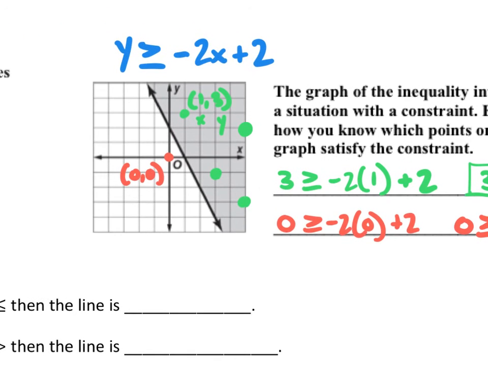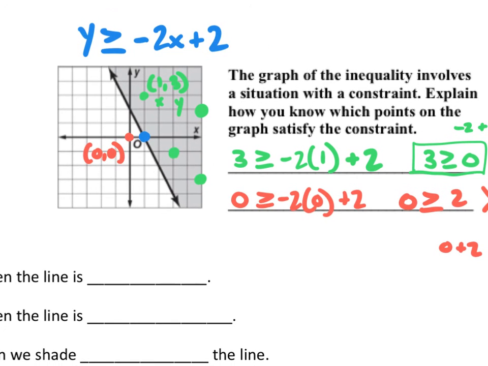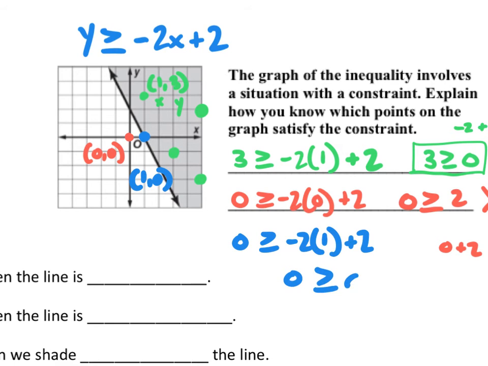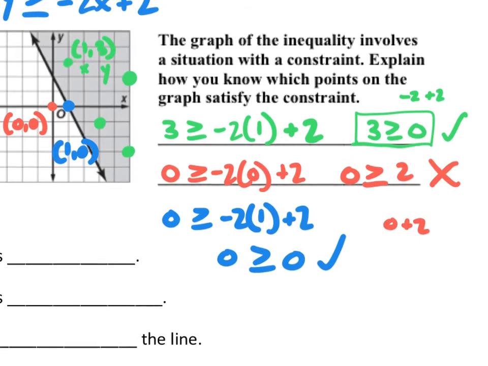So we know a constraint is satisfied when we pick a spot from the shaded region, or if the line is filled in, I'm going to pick this point right here, which is exactly on the line. It's 1, 0. We get that 0 is greater than or equal to 0, and it's also true.